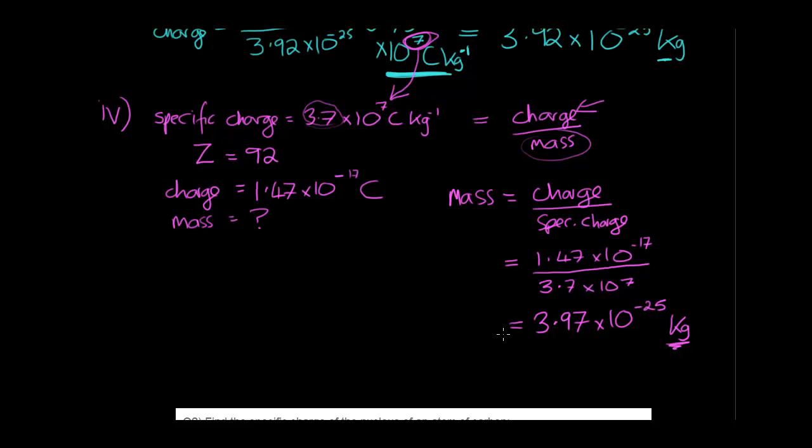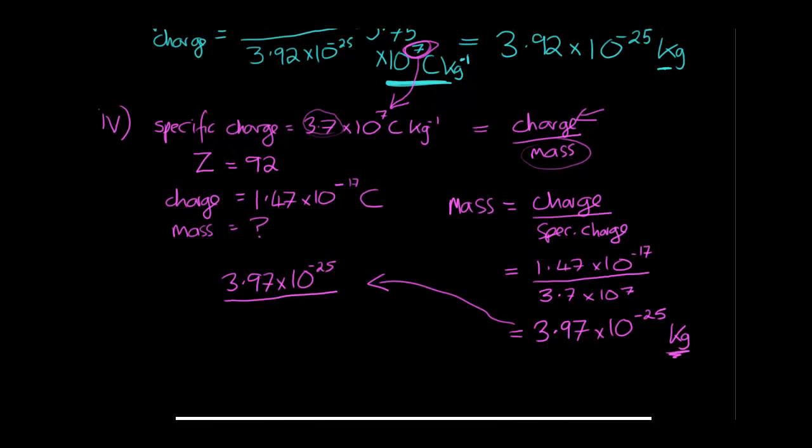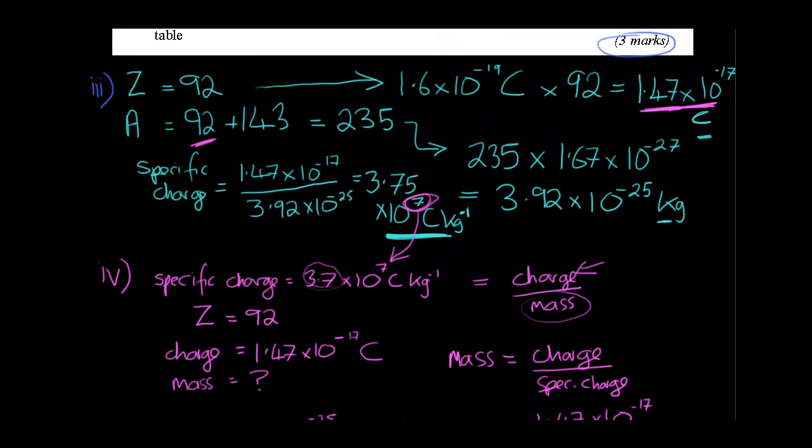Okay, so now we know what the mass is of all of the nucleons. So let's take that mass and let's divide it by the mass of each nucleon. And that should tell us how many nucleons we've got. Does that make sense? What is the mass per nucleon?